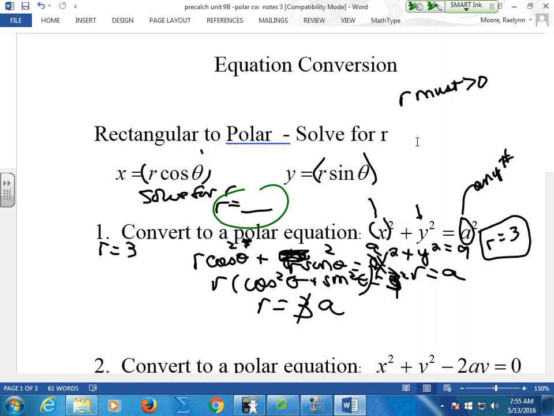So, in this one, they both contain r. Yeah. No. The r goes here. The cosine squared goes here. No, but it would be x squared, so x equals r cosine theta, so then all of that would be squared, wouldn't it? I'm just confused how, because then you have r squared.